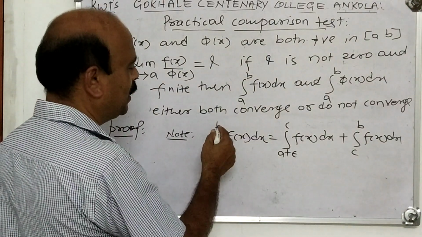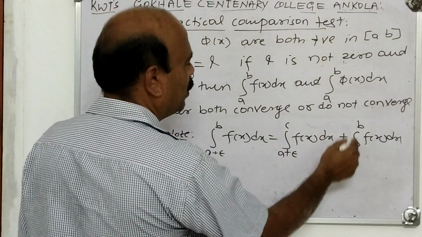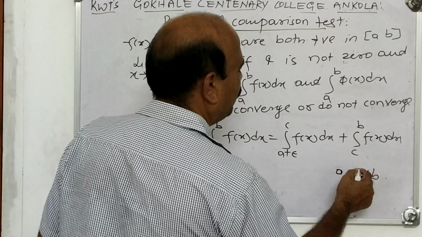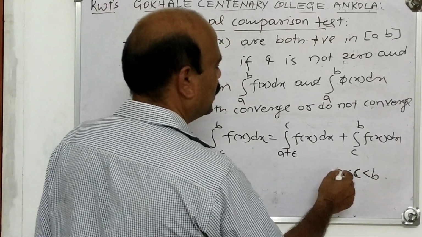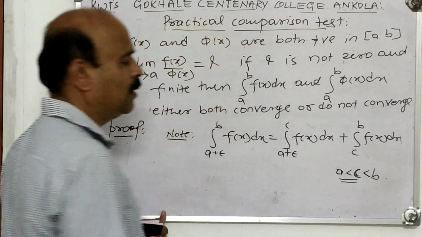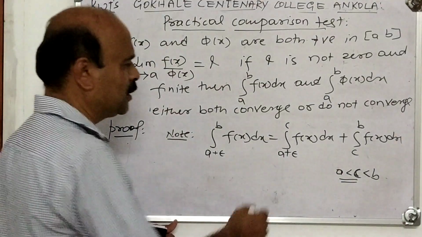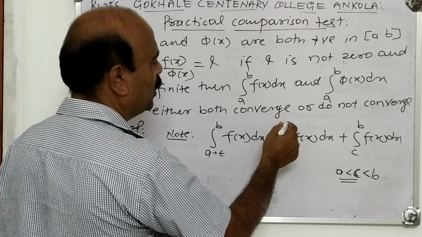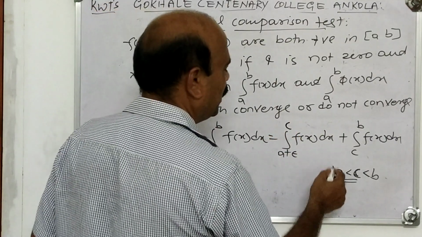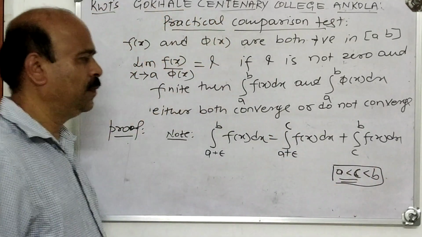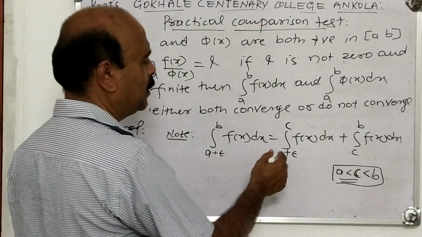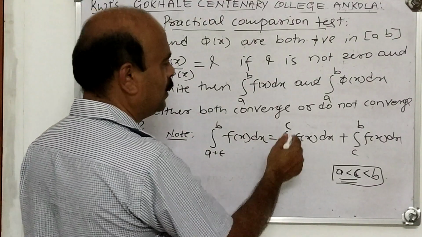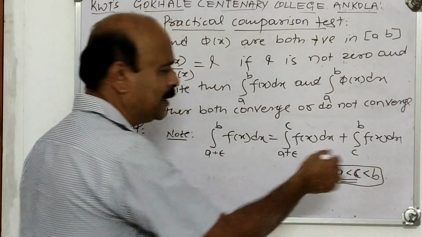We have written a+ε to b as a+ε to c plus c to b. What is c? c is greater than a, less than b, and c is near to a here. Why do we consider this? To consider a+ε to c is easier and simpler than to consider a+ε to b.